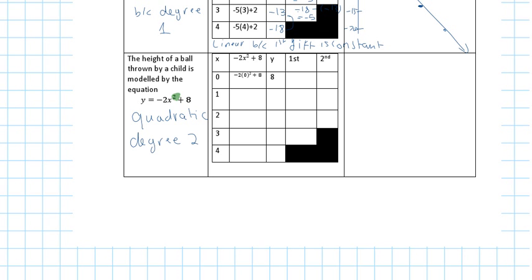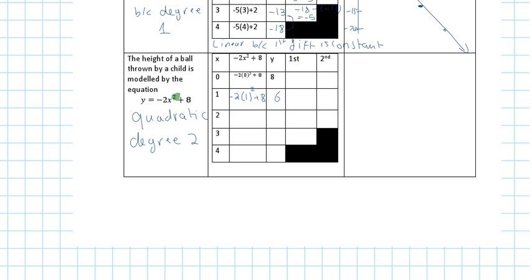Add 8, that gives me 8. Remember, math says you're going to have to do your exponent before you do your multiplication. Now, I'm going to replace x with a 1. I'm missing the square. So 1 squared is 1, multiplied by negative 2, that's negative 2. Add 8, that gives me 6.